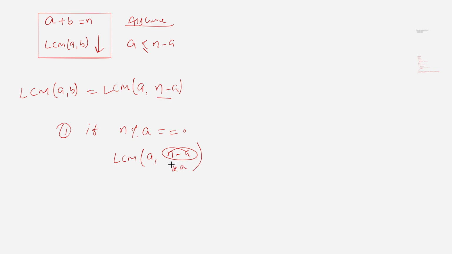Alright, now see one thing: we know that the LCM of a and ak would be ak, as a is smaller and k is greater than or equal to 1. So like the LCM of 4 comma 12, as 12 is divisible by 4, 12 is the answer here. LCM would be 12.